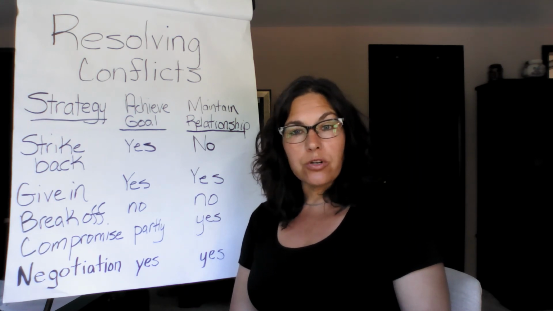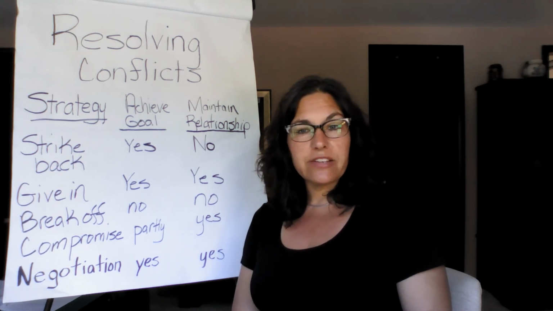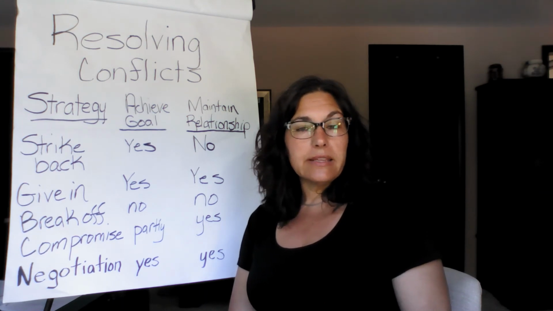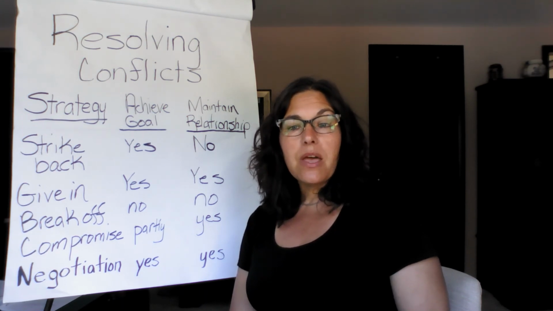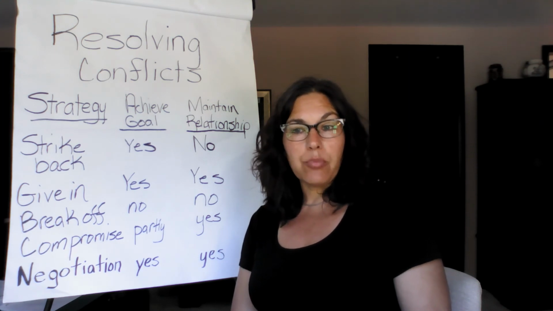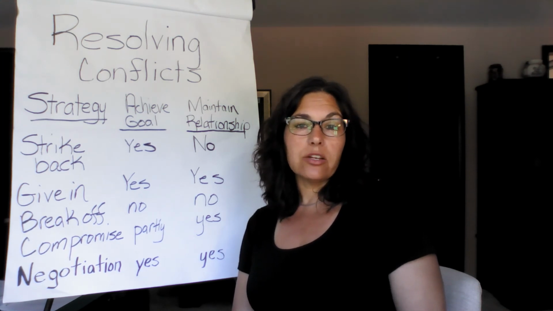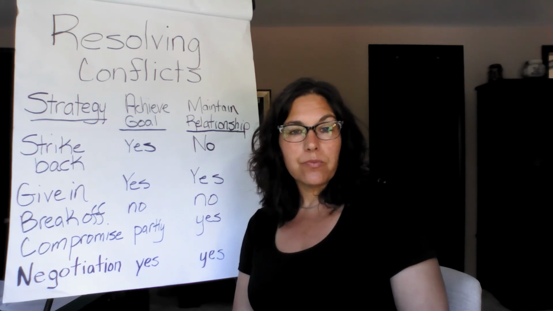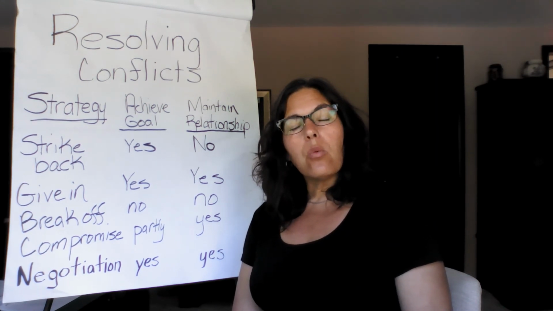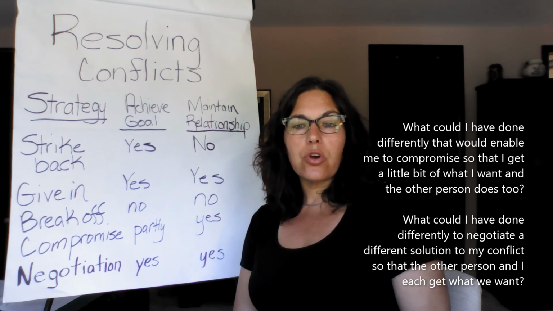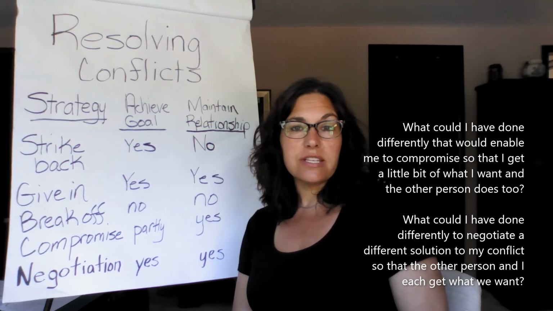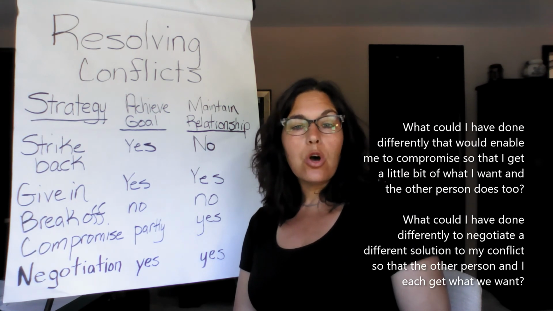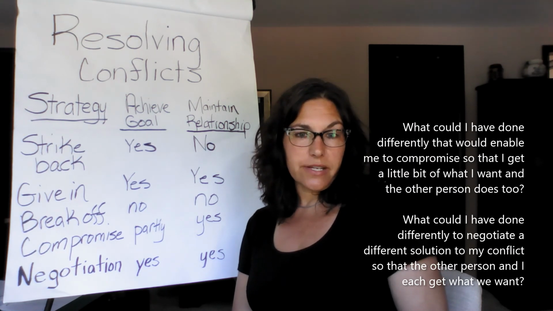But if you weren't, here are some questions I want you to ask yourself. What could you have done differently in that conflict with that person that would have enabled you to compromise so that you could get a little bit of what you want and the other person would too? Also, what could you have done differently to negotiate a different solution to that conflict so that the other person and you both get what you wanted?